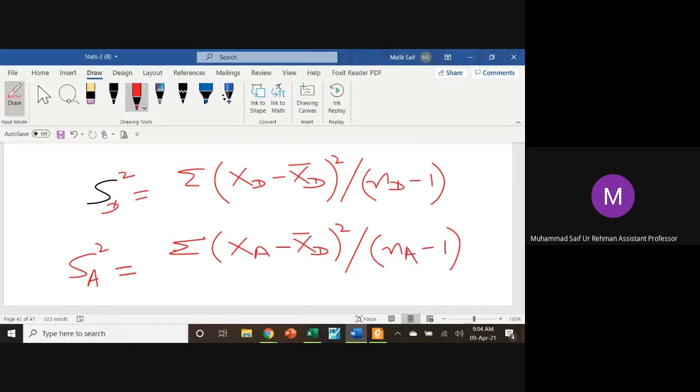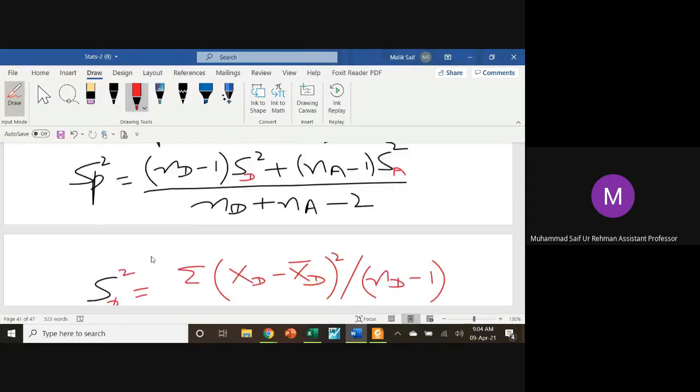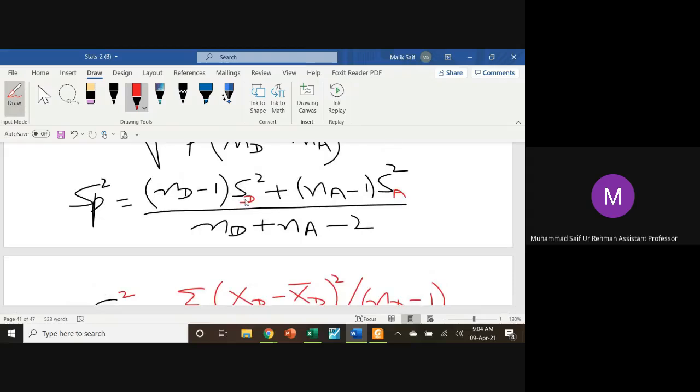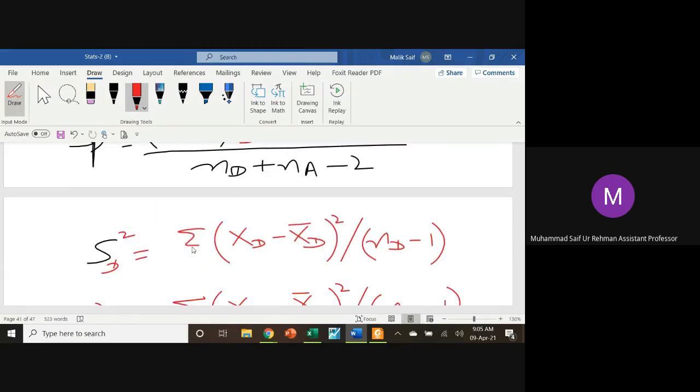Fine. And there is no square root on these two terms because this is square. When you find out standard deviation, that is basically not required in this situation. We are interested in having SP square, and in SP square, variances are required, not standard deviations. So there is no need of putting square root on these terms to have SD.